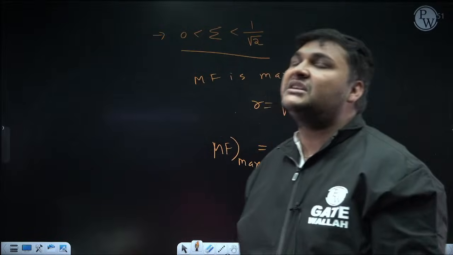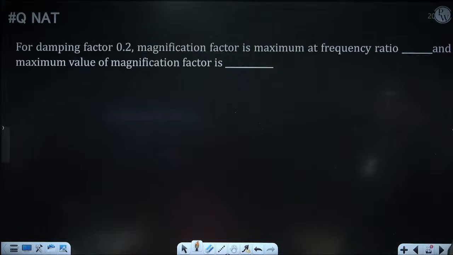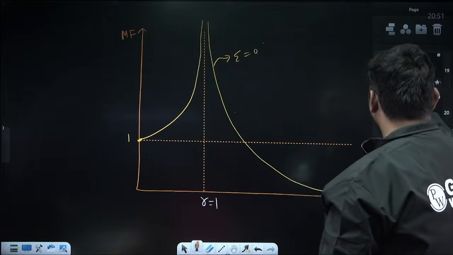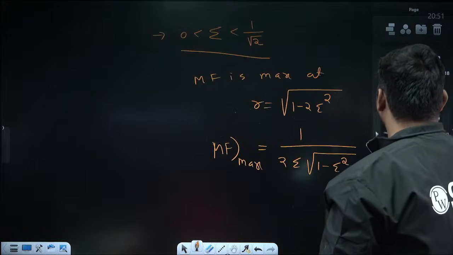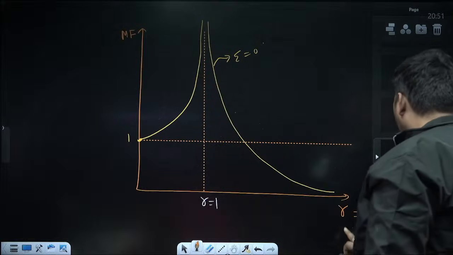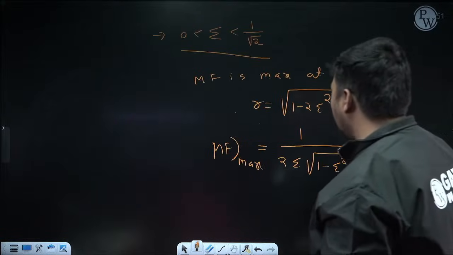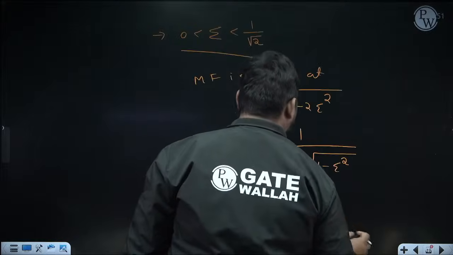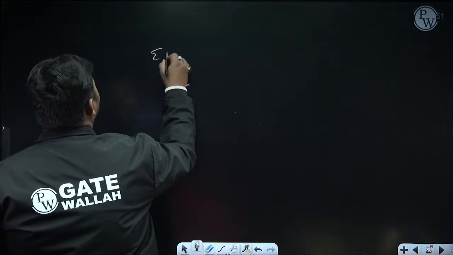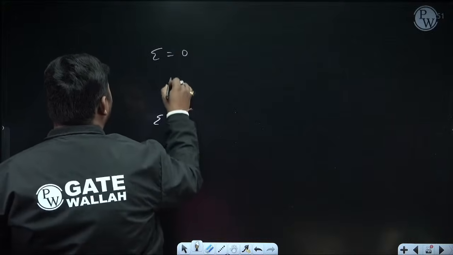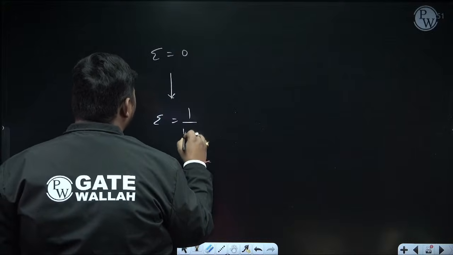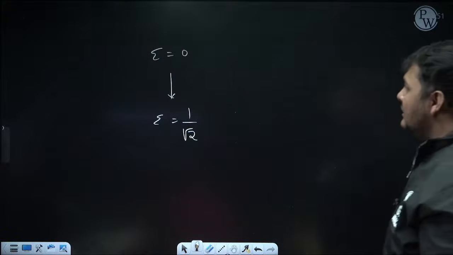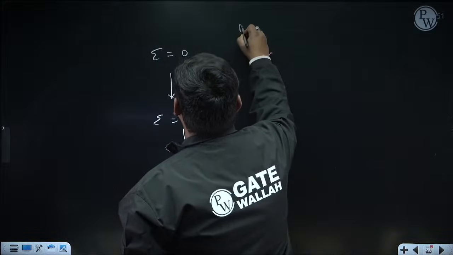But what changes will come in the graph? See, if we carefully focus on this equation, from zeta equal to 0, if we increase zeta from 0 to 1 by root 2, it will change the value of R at which MF is maximum.